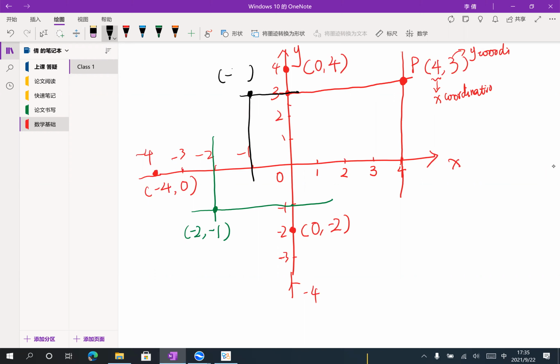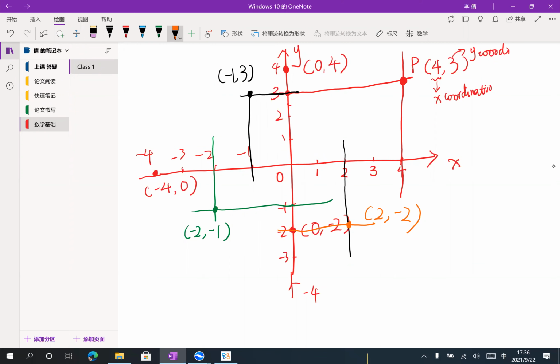Yes. The next one, this point: (2, -2). Yes, this is (2, -2).